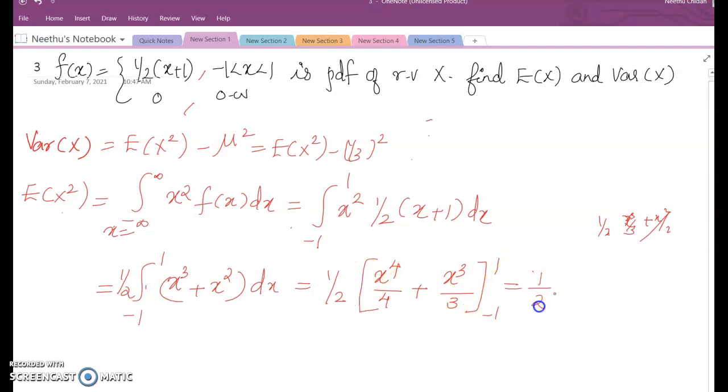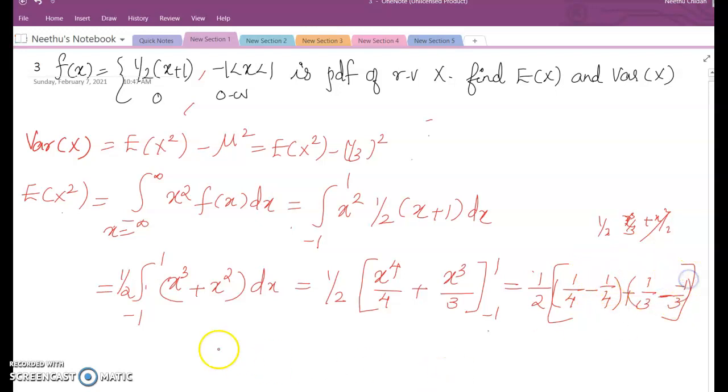That is equal to 1 by 2 into first term x raised to 4 by 4: upper limit 1 raised to 4 by 4, that is 1 by 4, minus lower limit minus 1 raised to 4 by 4, which is 1 by 4. So the first term is 1 by 4 minus 1 by 4, 0, plus second term 1 cube by 3, that is 1 by 3, minus minus 1 cube by 3, that is minus minus 1 by 3.